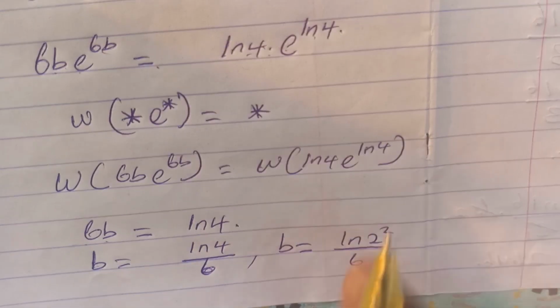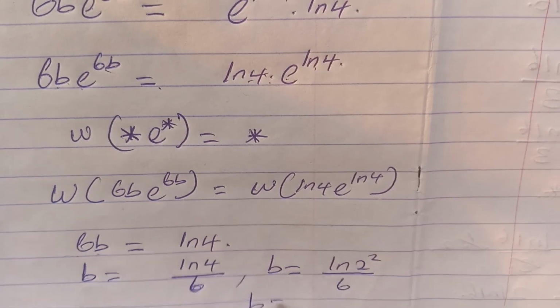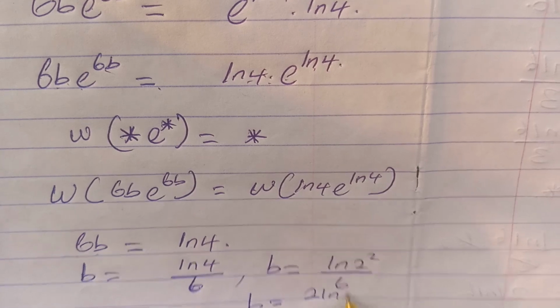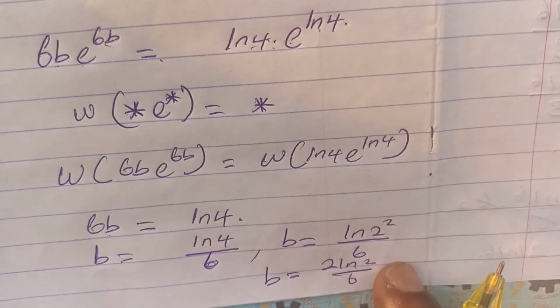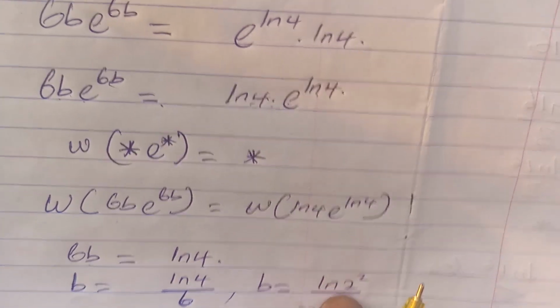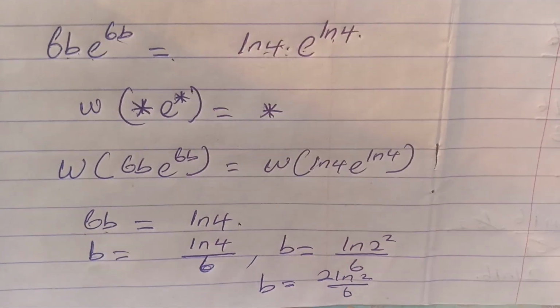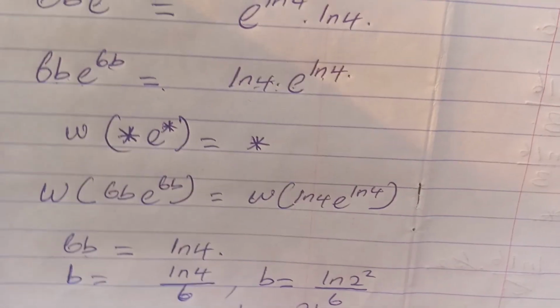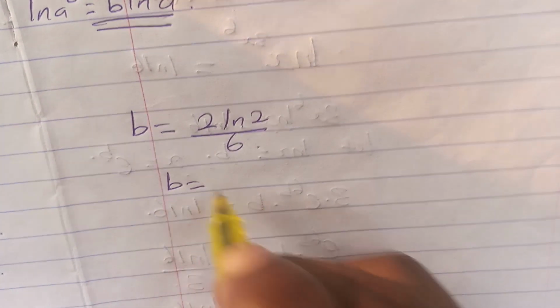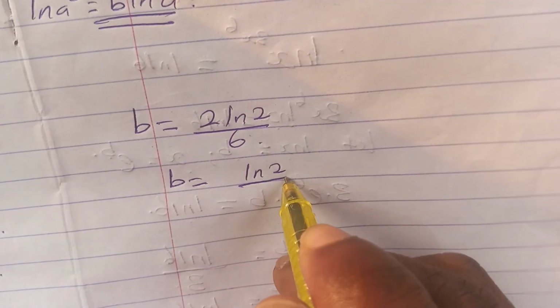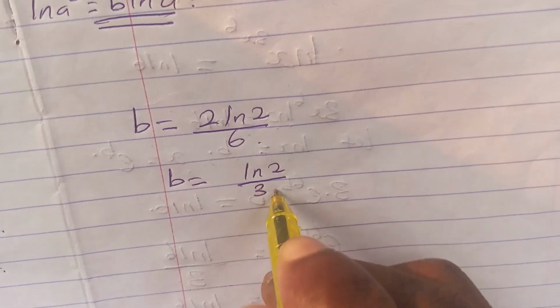So b is equal to 2 ln 2 over 6. Let's solve further. Because b is equal to 2 ln 2 over 6, we can cancel also. Therefore, our b is equal to ln 2 over 3.